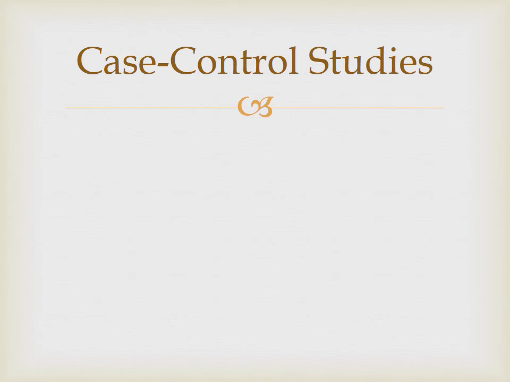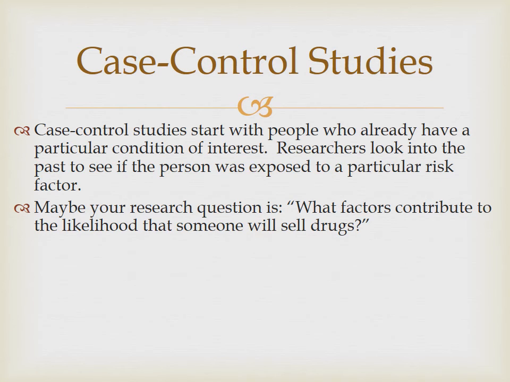So, case control studies. This is a little bit different than the cohort study. In this case, we start out with a group of people who already have the condition of interest, and then we look into the past to see what their exposures were. If you remember with the cohort study, we might enroll a whole bunch of people who don't already have the condition of interest.